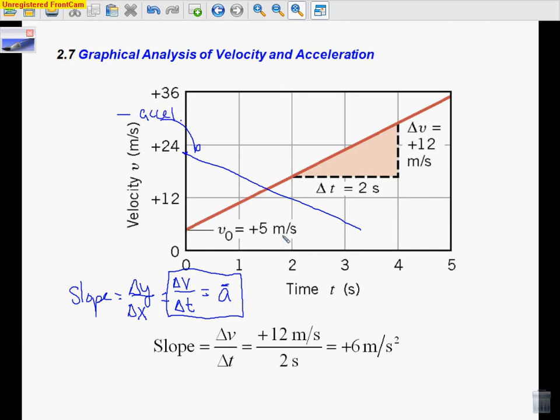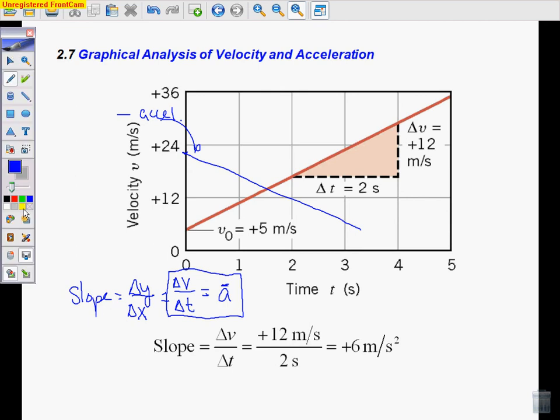What do you think this would look like for an object that was moving at a constant speed? So let's say this object is going at a constant velocity of 12 meters per second. What would that graph line look like? So that would look like, let's pick green here.